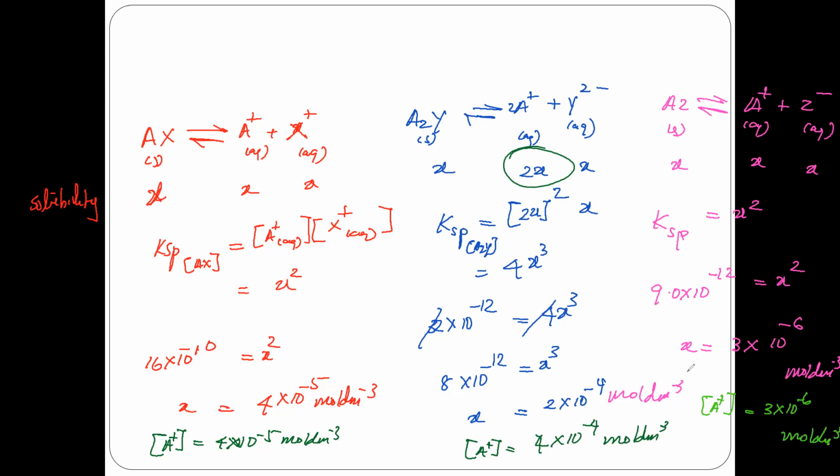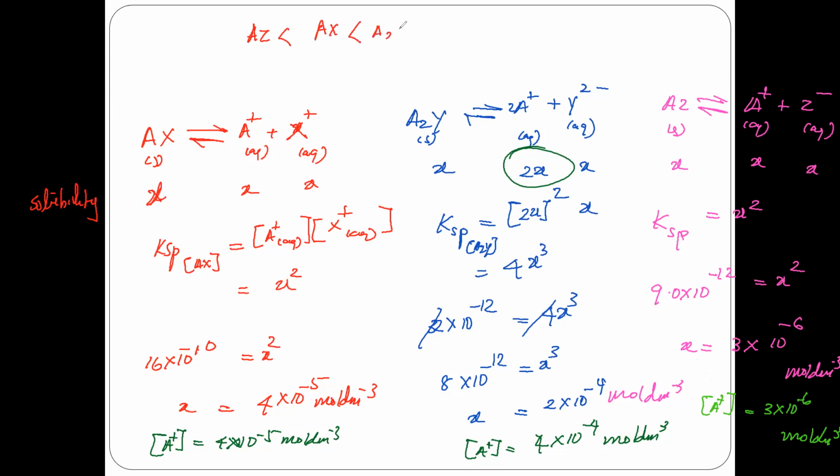And decreasing order. Your AZ is having 10 to the power of minus 6, so that is the least value. AZ is very small, having 3 into 10 to the power of minus 6. Next, 4 into 10 to the power of minus 5, AX.